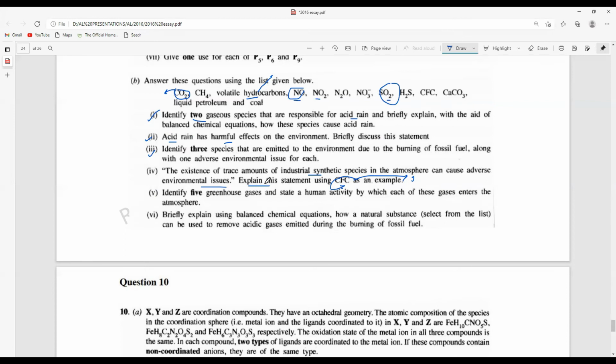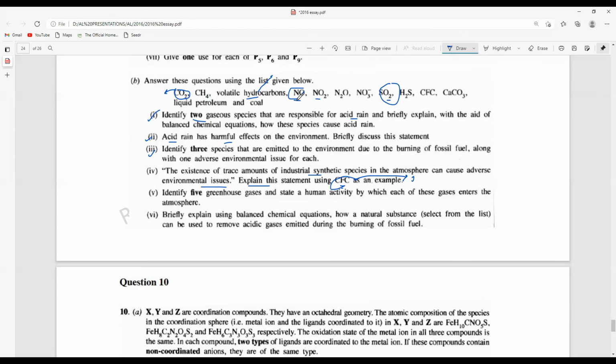That is important. Identify five greenhouse gases and state a human activity by which each of these gases enters the atmosphere. Simplest: CO2, from burning fossil fuel, and CH4 from animal husbandry and farming.